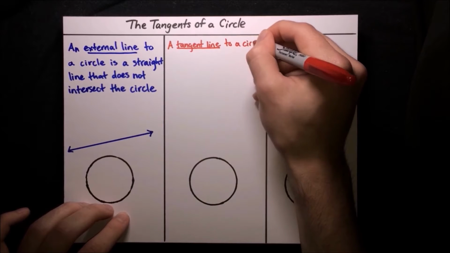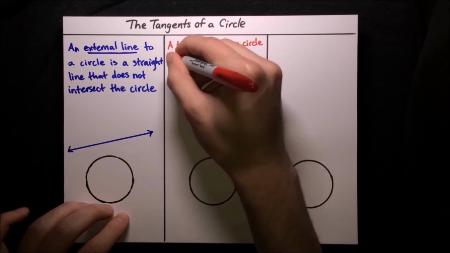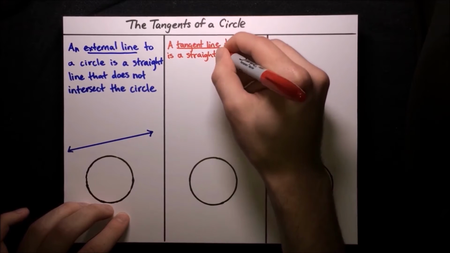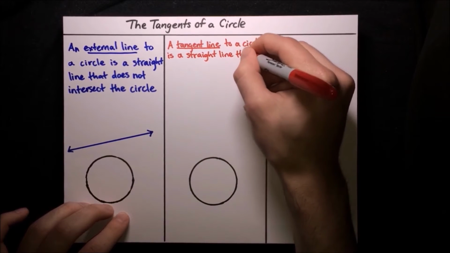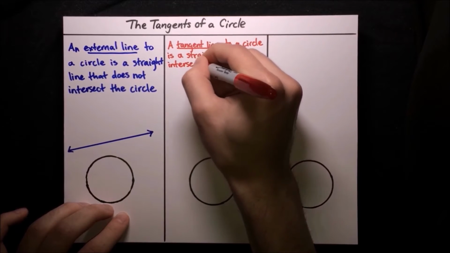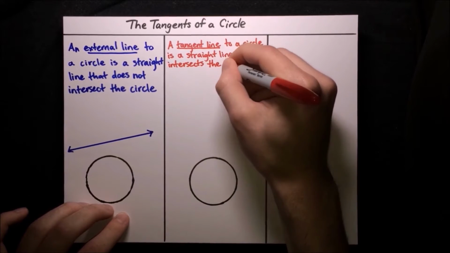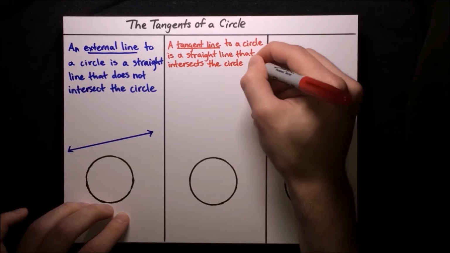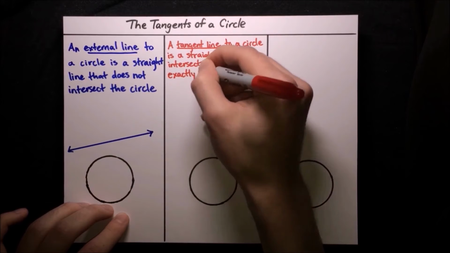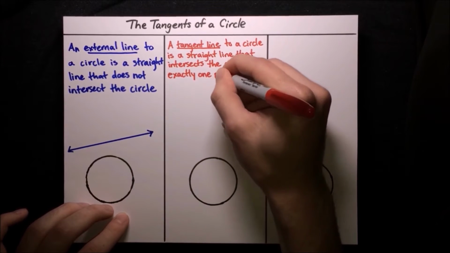Okay, next up, a tangent line to a circle is a straight line that intersects the circle at exactly one point.